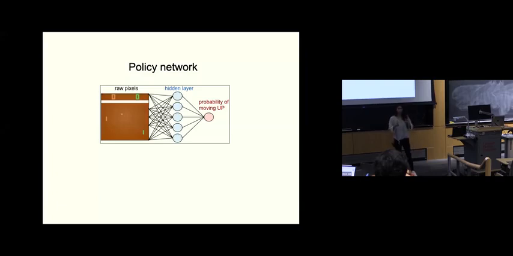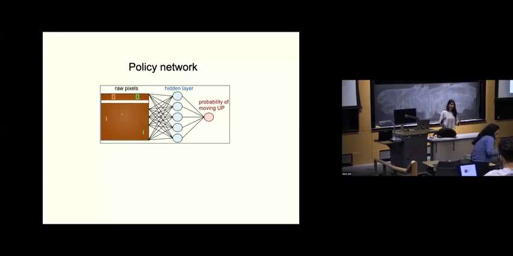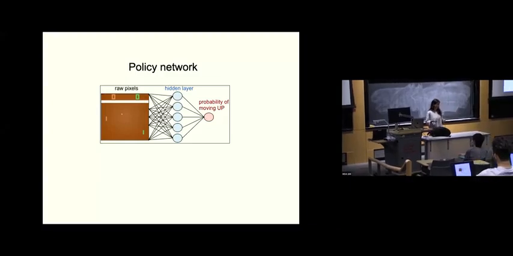So usually you need 2 or 3. If you remember in Atari games, we concatenated 4. So I would take the image, stack some previous frames, pass them through a CNN, do a pooling, and spit out a vector. From that vector, I would put a sigmoid, because the only thing I need is the probability of going up, because the probability of going down is 1 minus the probability of going up. And that's how I would build a network.